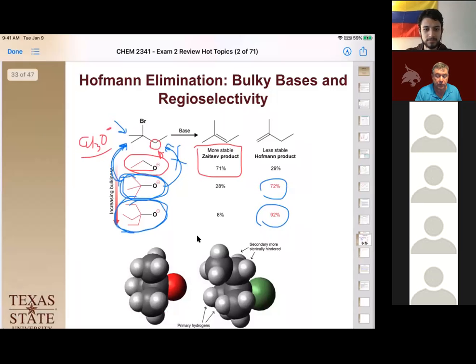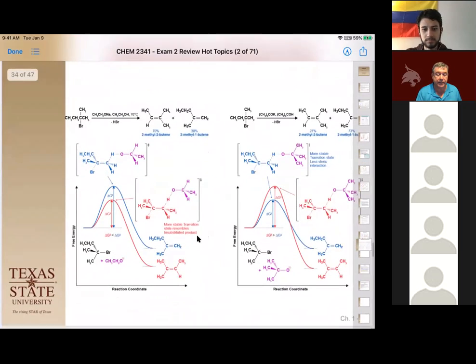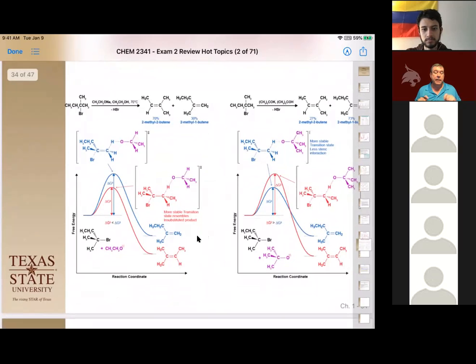So to compare the two rules together, right here, small base equals Zaitsev's rule, big bulky base equals Hofmann's rule. Because the activation energy for getting the base to the methyl group here is smaller, even though it gives the thermodynamically unfavored product, that activation energy controls the product.